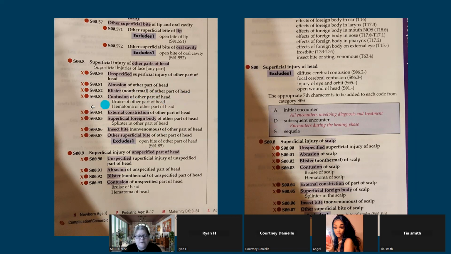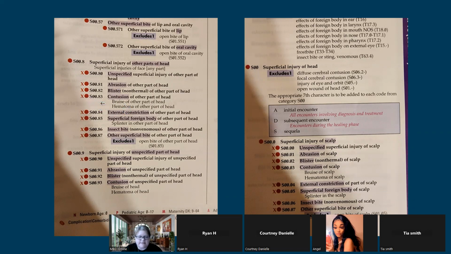Okay, so if you're looking at your code S00.83, that's 1, 2, 3, 4, 5 characters. We're 2 away from 7. We're gonna have to add 2 characters in here, okay? Now, we know one of those is gonna be an X. But here's the other deal.